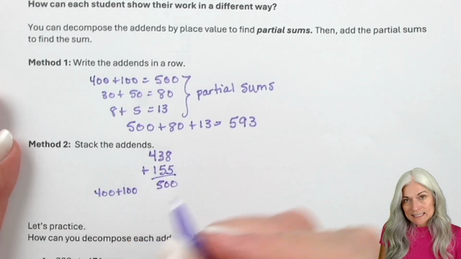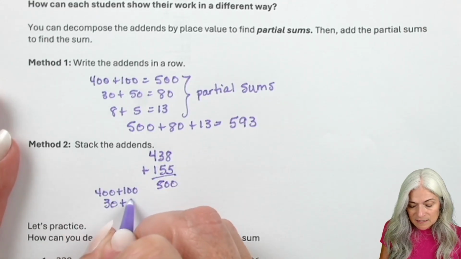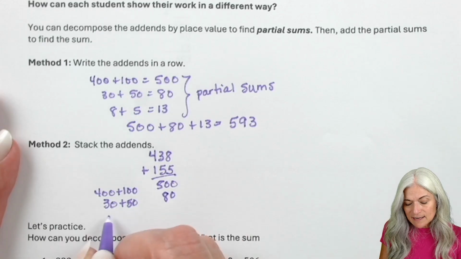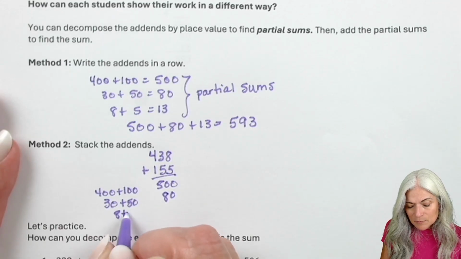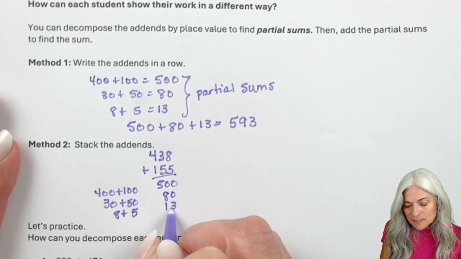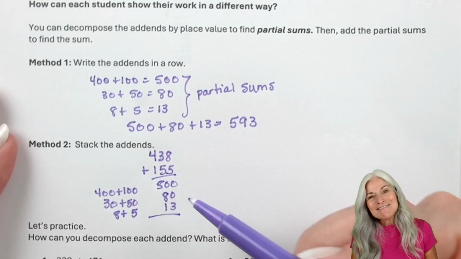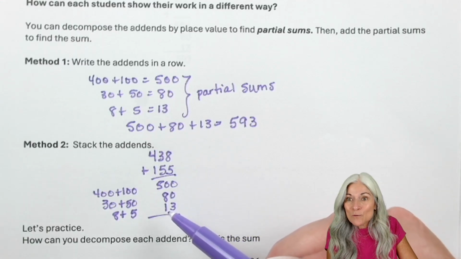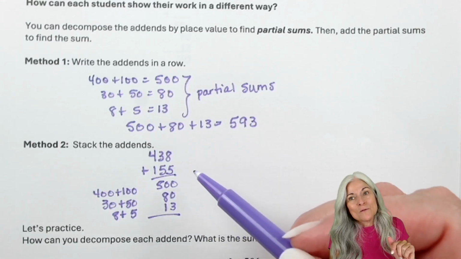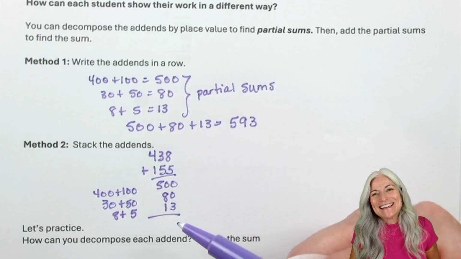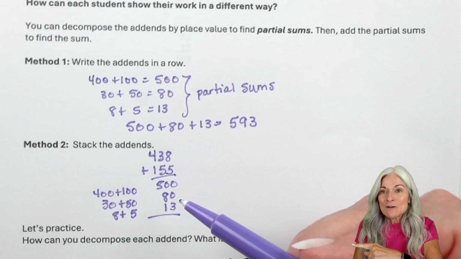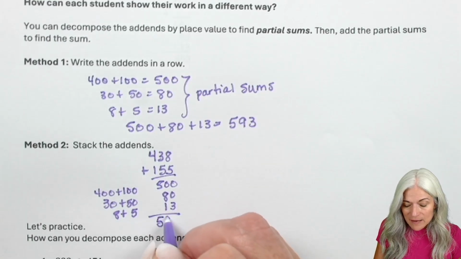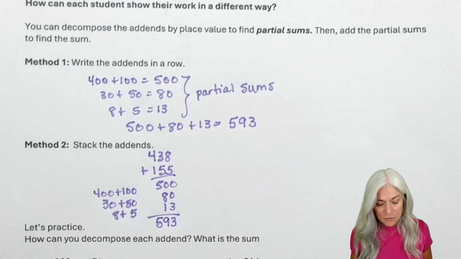Then our tens, 30 plus 50, gives us 80. And then our ones, 8 plus 5, gives us 13. Notice how we're going to make that connection to carrying the one. We're not going to call it carrying the one, by the way. We're going to call it regrouping, when we get to the algorithm in two lessons. So we get 593 for that one.